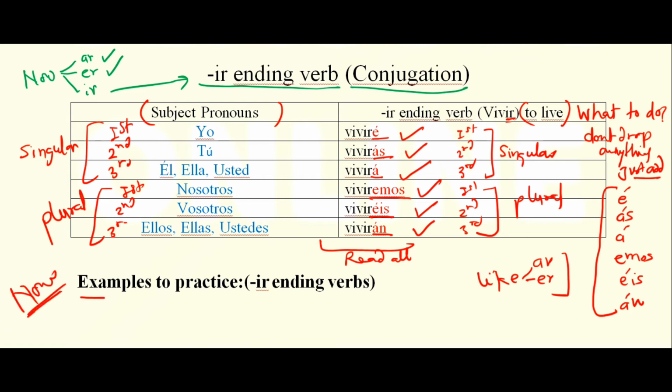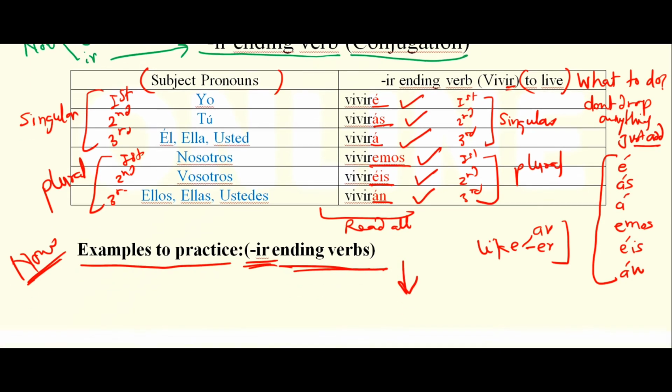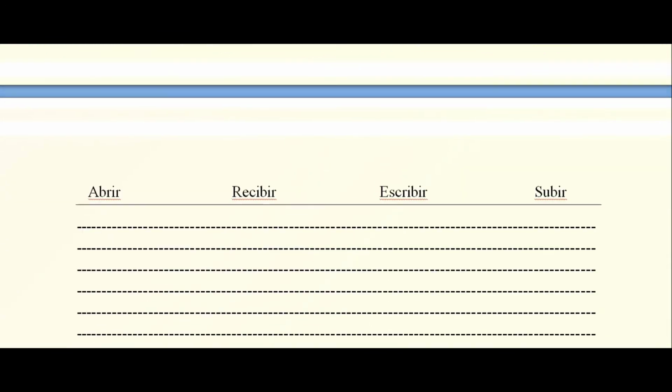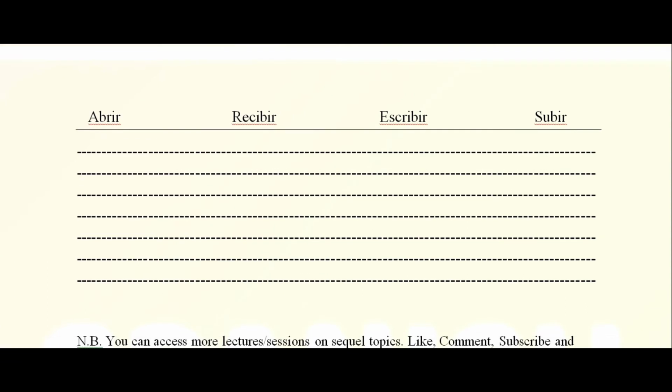Again we have 4 examples for IR ending verbs, future tense, regular. Let's see how to conjugate. We have to follow this model. Okay, these are 4 examples taken. AR, ER and IR by mistake.